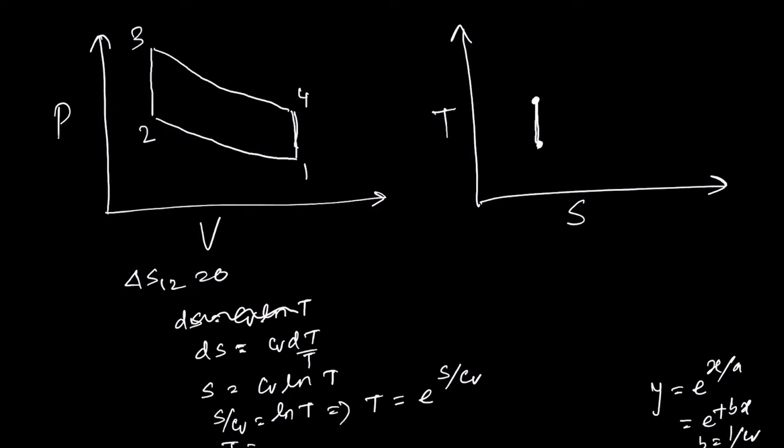So, it increases exponentially. We have to draw the same way, okay. And then the 3 to 4 step. So, this is 1, 2, this is 3. The 3 to 4 step, of course, entropy change is 0 and temperature is decreasing because it is an adiabatic expansion.